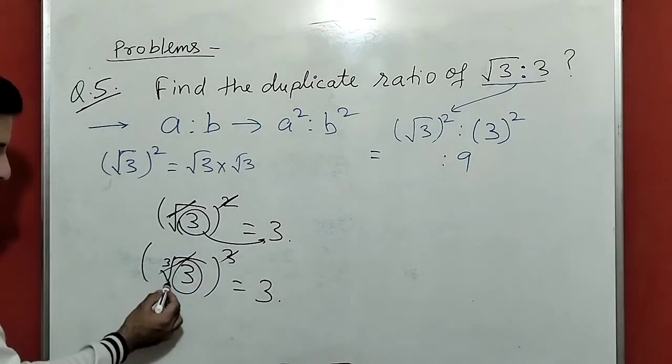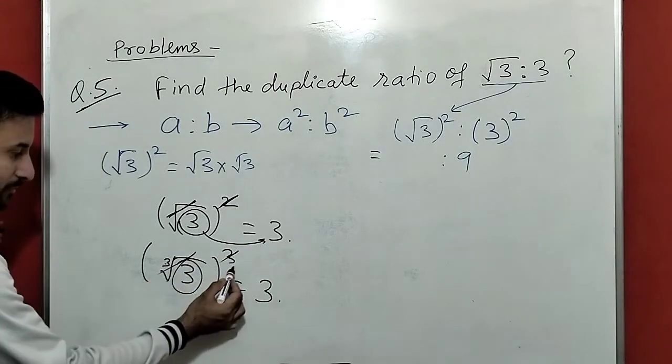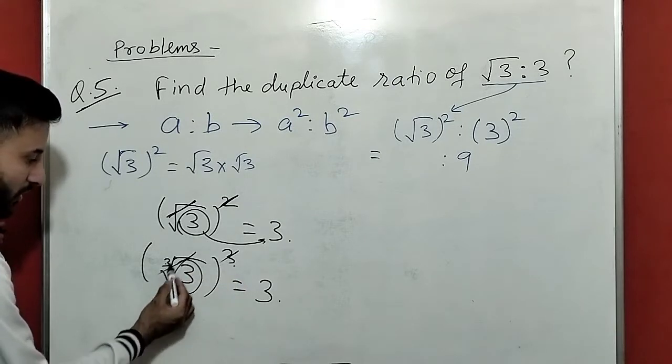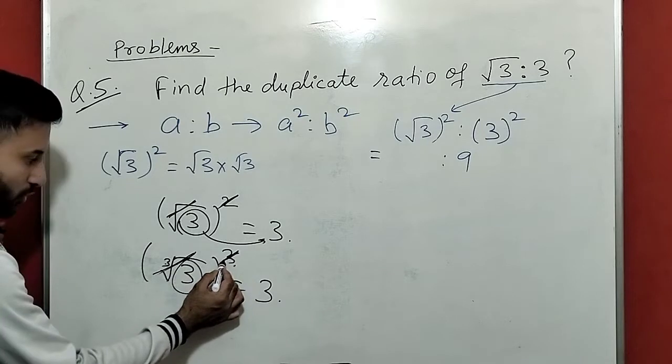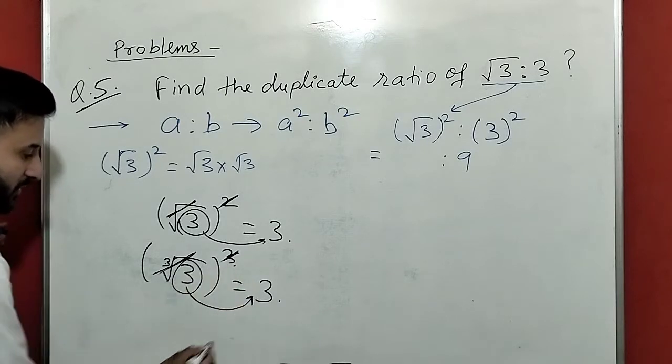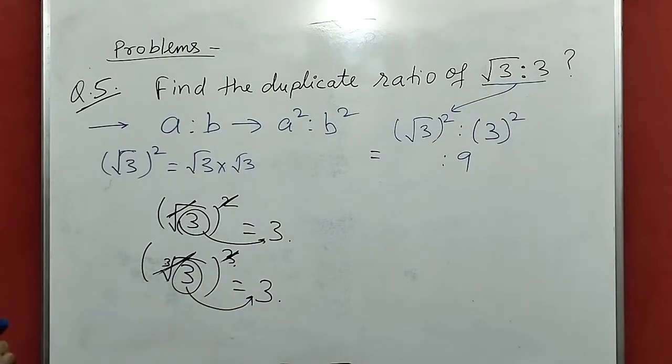Same here, if you have a cube root and the power is cube, the cube root and cube power get cancelled, so the answer is the remaining number.